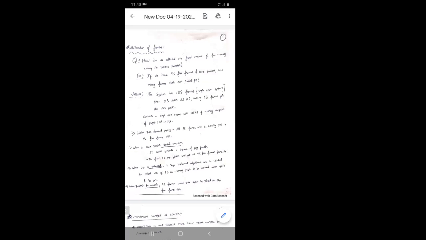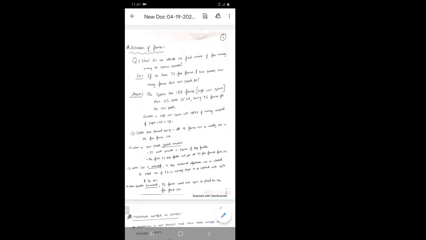Now, there are three steps we have to discuss here: when a user process starts, when the free list is exhausted, and when the process is terminated. What will happen with those 93 frames? The first one is when a user process starts execution. Once execution is happening, it may generate a fault, or there may be an error in the execution.